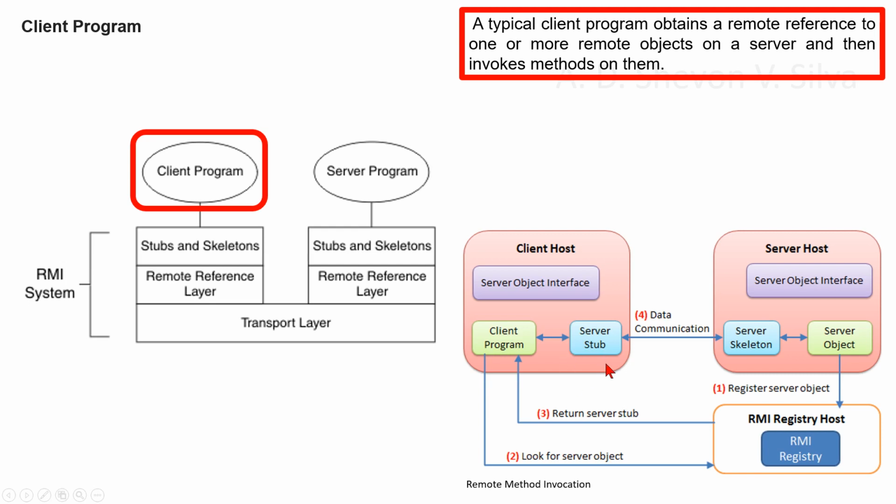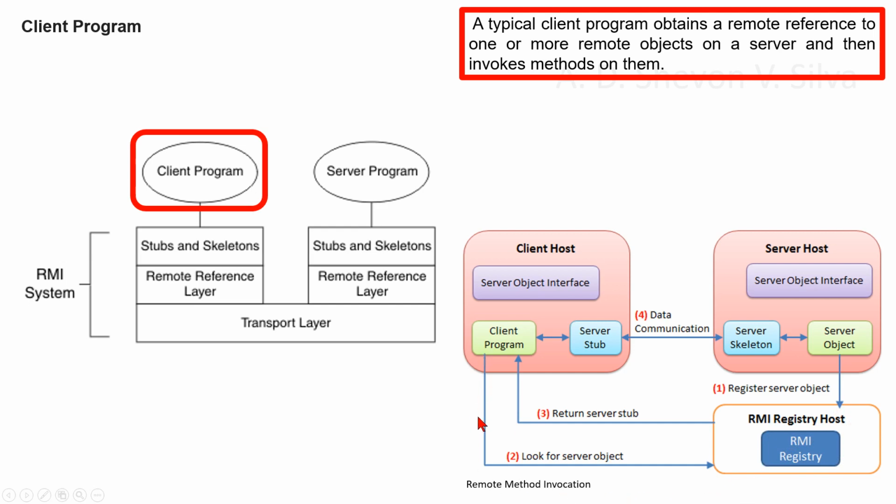Here you can see a client host and a server host. The server object interface, server skeleton, and server objects are in the server host. In step 1, the server object registers server objects on the RMI registry host. The RMI registry is in the RMI registry host.